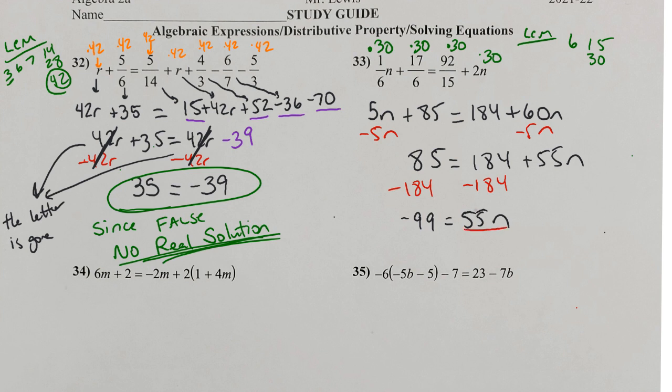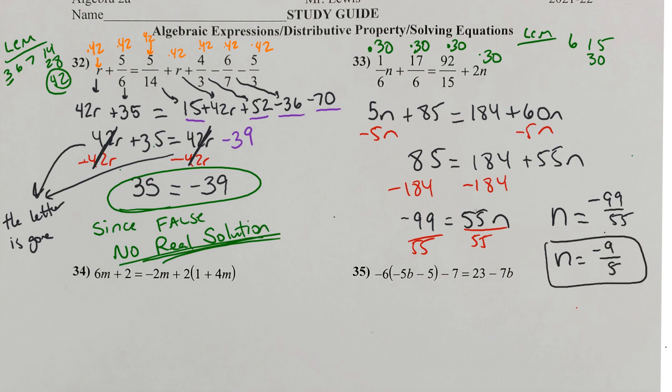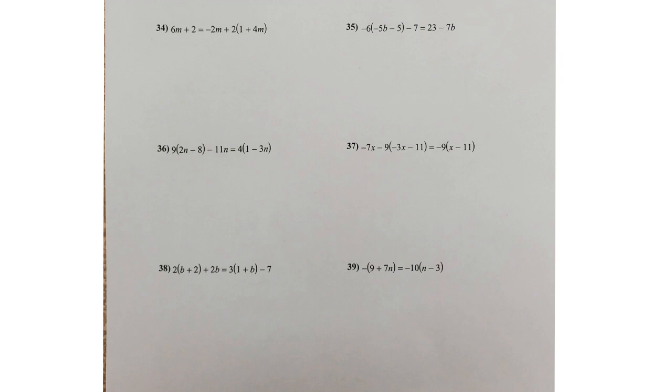I get rid of the multiplication with division. And I get n equals negative 99 over 55. Now you can divide the top and the bottom by 11. So the best answer is going to be negative 9 over 5. Negative 9/5.